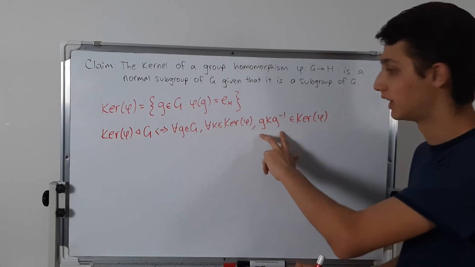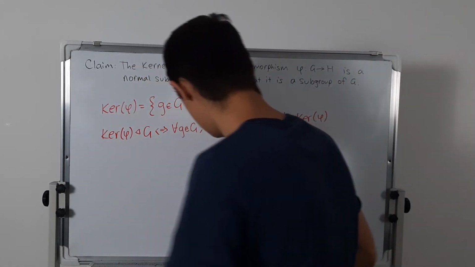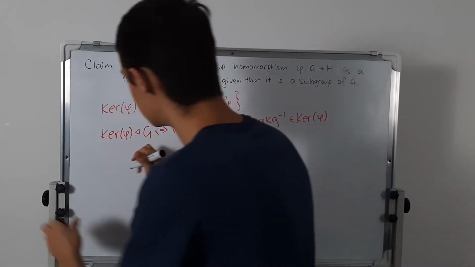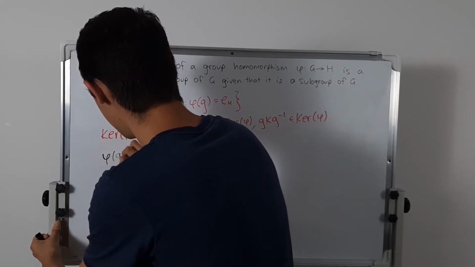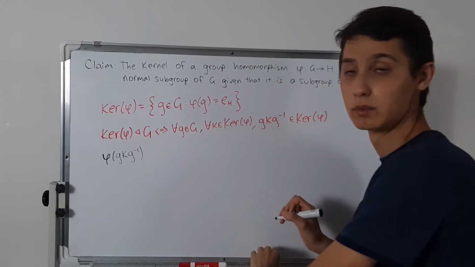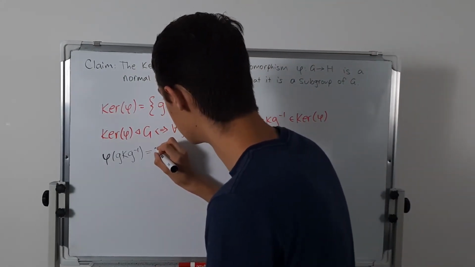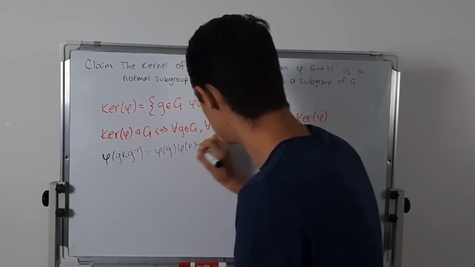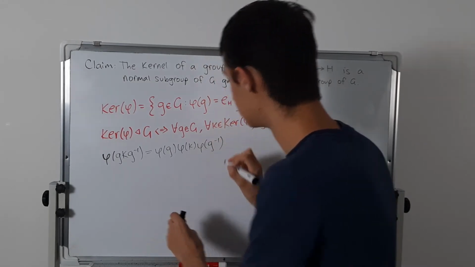Basically, if we have g k g inverse, it only makes sense to start by taking phi of g k g inverse. So we have phi of g k g inverse. Okay, what's that going to be? Because this is a homomorphism, we can write that as phi of g times phi of k times phi of g inverse, right?